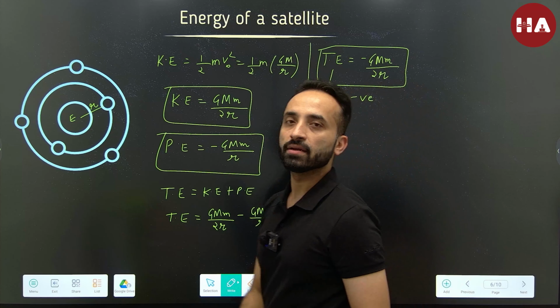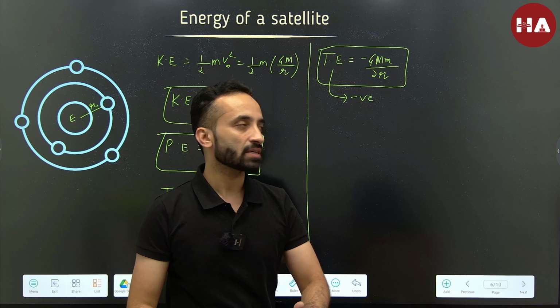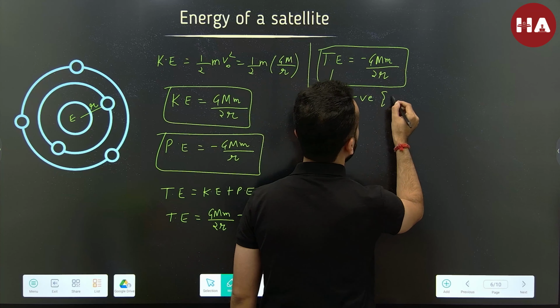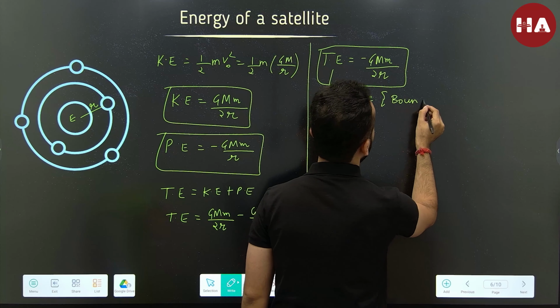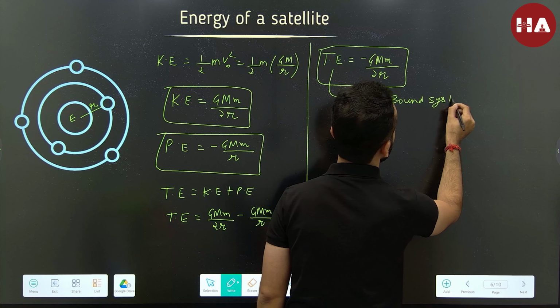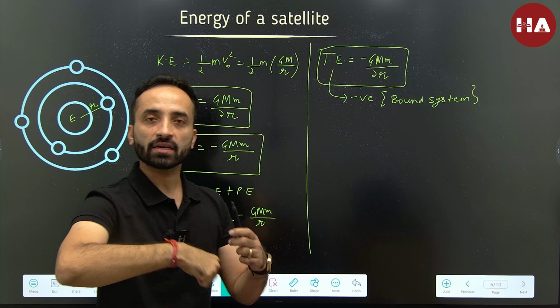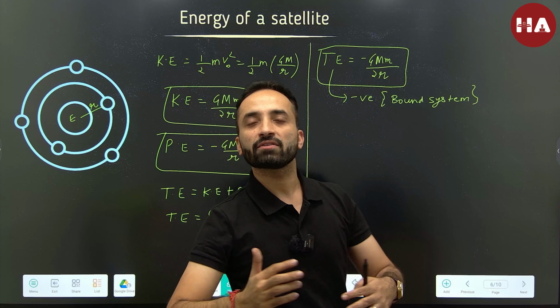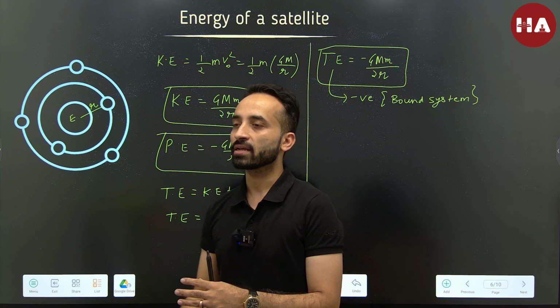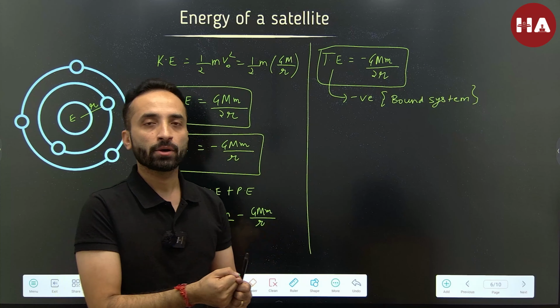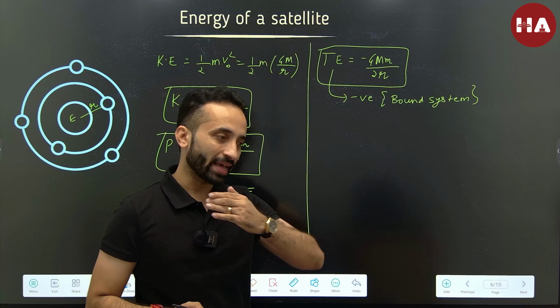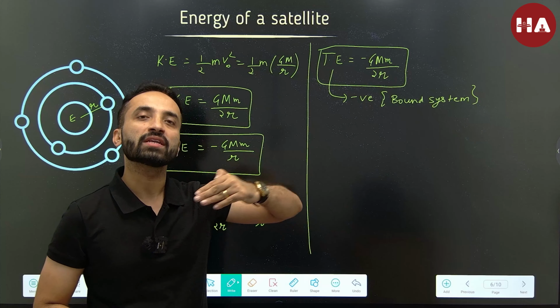Keep that in mind. So whenever total energy is negative, we obviously call it a part of a bound system. So any satellite that is revolving around the Earth or any satellite revolving around another heavy object is always bound to that. Okay. In fact, if you want it to escape the gravitational field, you need to increase its speed.